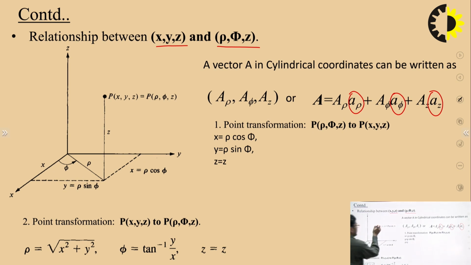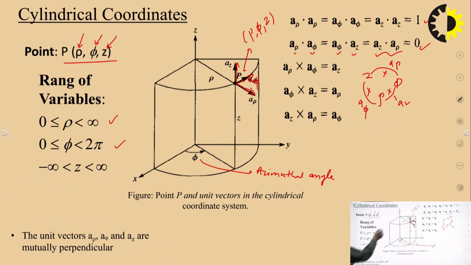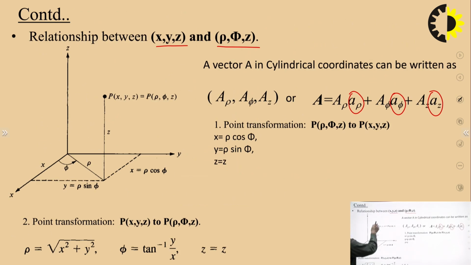Now for the transformation of the point in x, y, z, you can clearly see here this is point P, the same point as in the previous diagram, and in this figure a projection has been taken on the xy plane. When you join this point to the origin, the angle phi is made from the x axis up to this point, that is the azimuthal angle represented by phi, and this radius rho is the same as before.